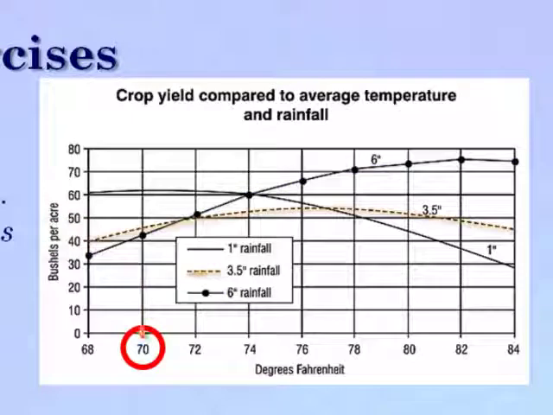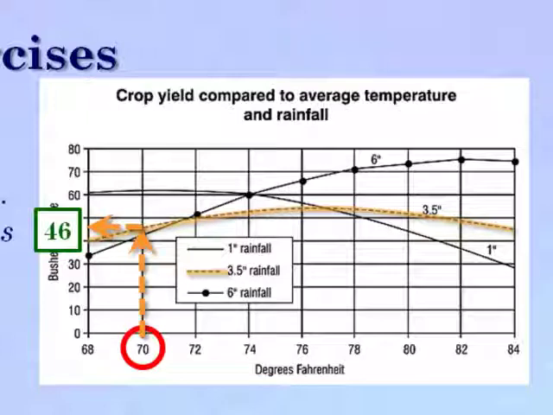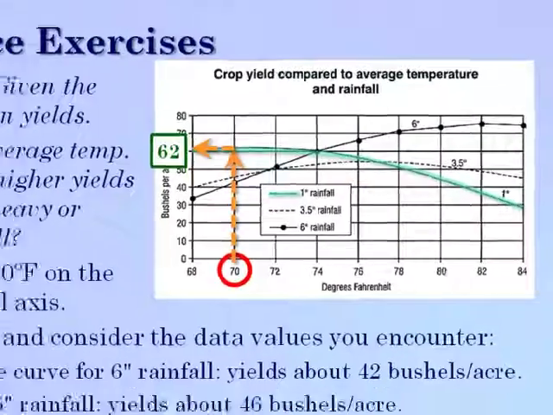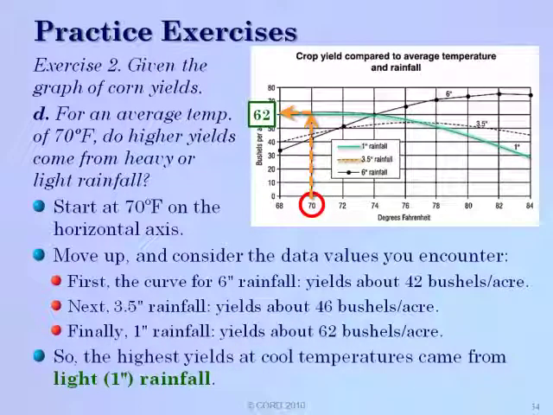And if we go up next to the 3.5 inch rainfall, we get about 46 bushels per acre. And if we go up all the way to the top curve of 1 inch rainfall, we get about 62 bushels per acre. So it looks like the highest yields come from cool temperatures when the rainfall is light.